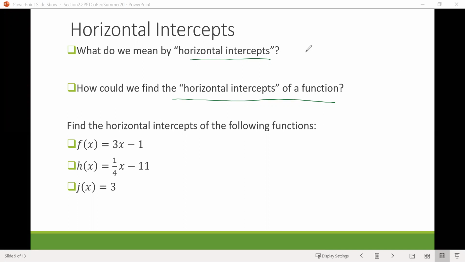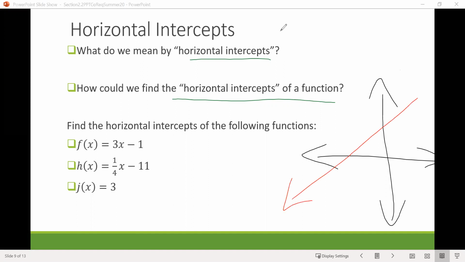If we have a graph of a function, and let's say it's a linear function, something like this, we'll call that linear function f of x.